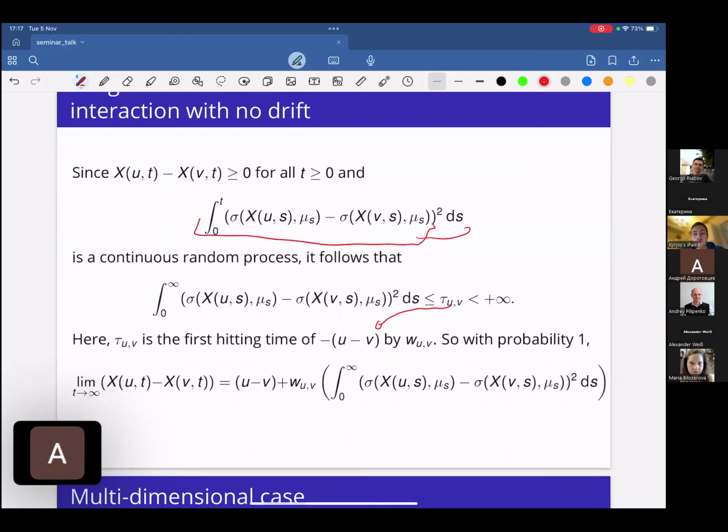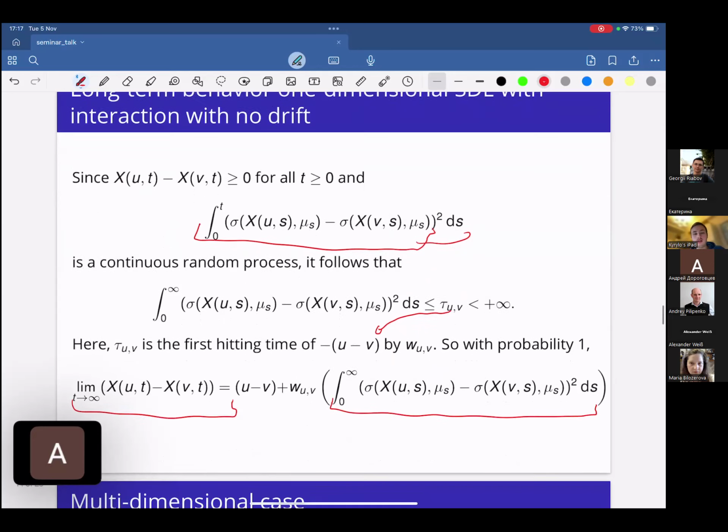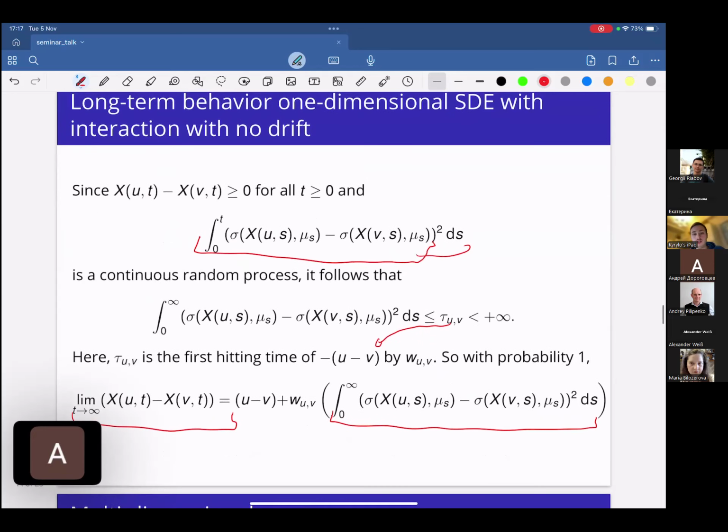Because we know that these things don't go to infinity, we can establish the existence of such a limit. And this was done in the one-dimensional case.